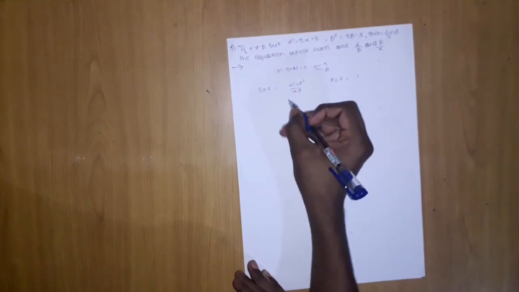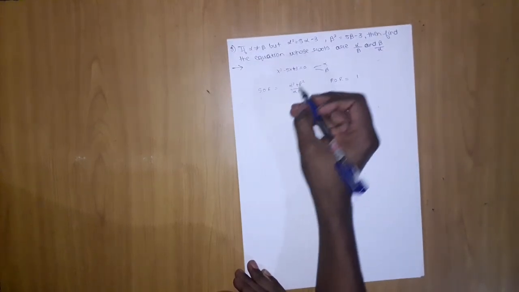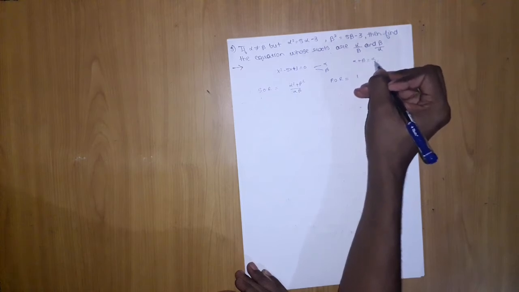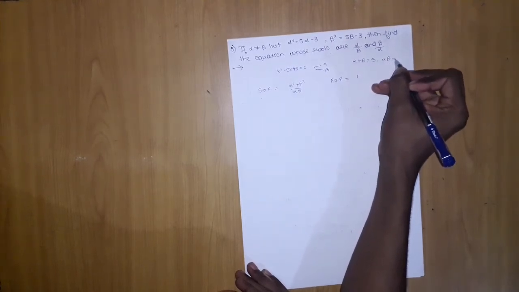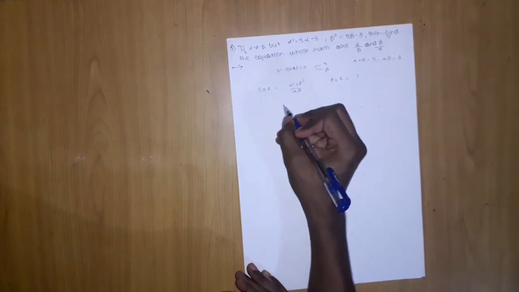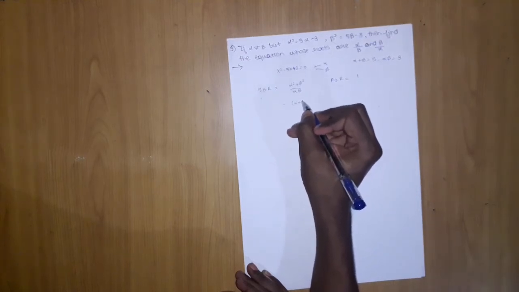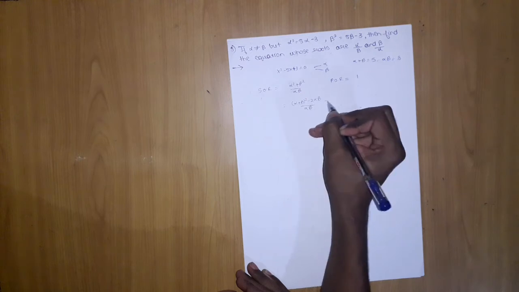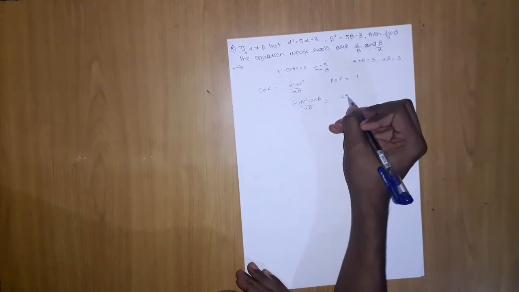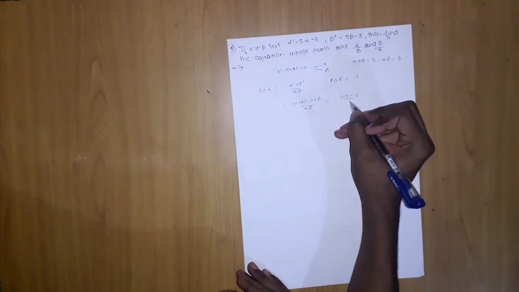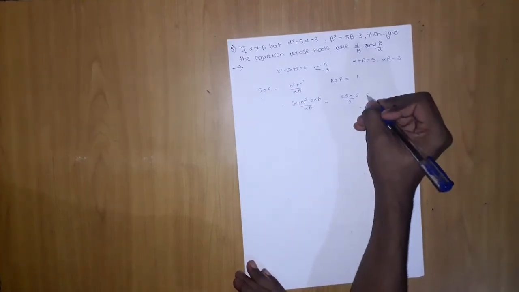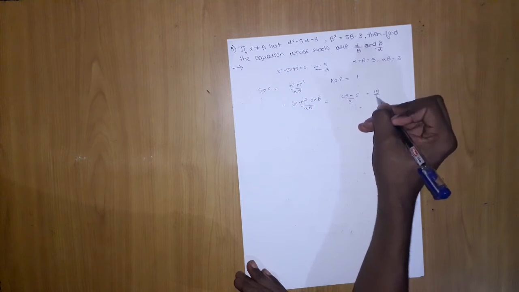Okay, now what can we get from here? From this equation we can clearly see alpha plus beta is 5 and alpha into beta is 3. So we can write alpha plus beta the whole square minus 2 alpha into beta upon alpha into beta, which will give us 25 minus 6 upon 3, which is 19 by 3.